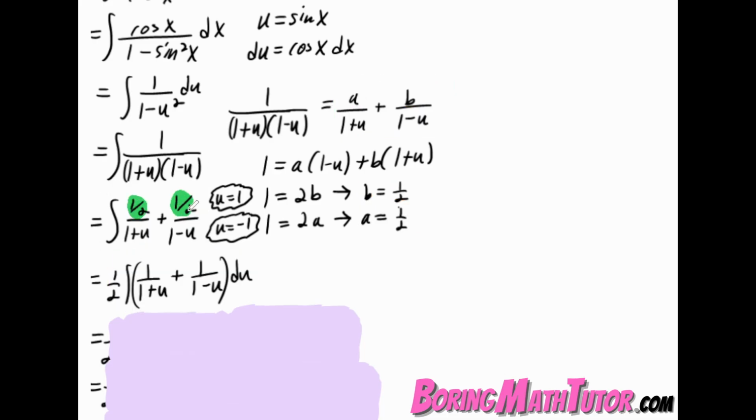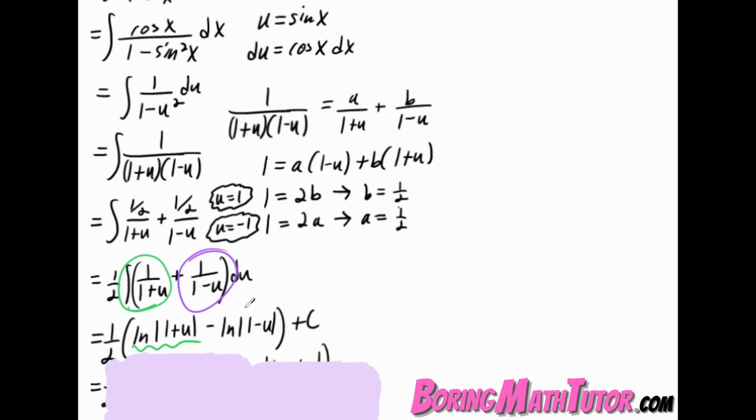Take that 1/2, factor it out. The integral of 1 over 1 plus u, well, that's just ln absolute value 1 plus u. When we're doing the integral of 1 over 1 minus u, that's just a little bit trickier.